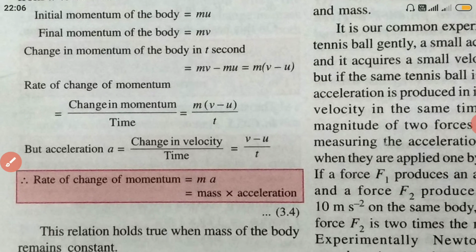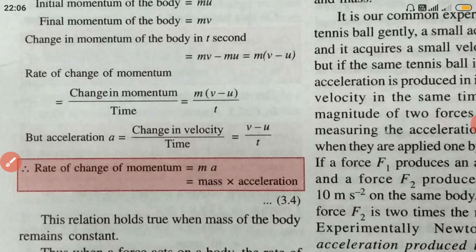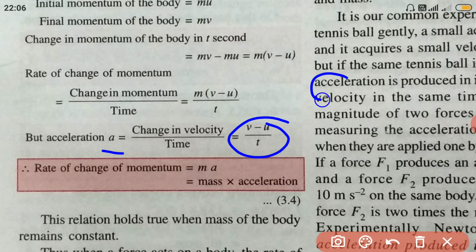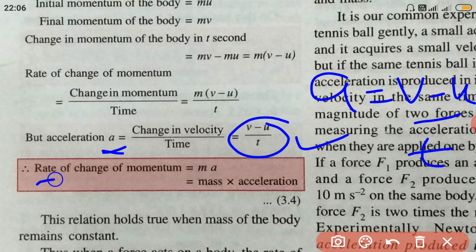Now, you know that acceleration a equals v minus u upon t. You know this relationship. Then replacing the value of v minus u upon t by a, you will get rate of change of momentum equals mass into acceleration.